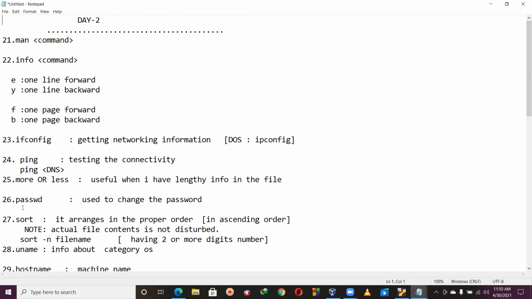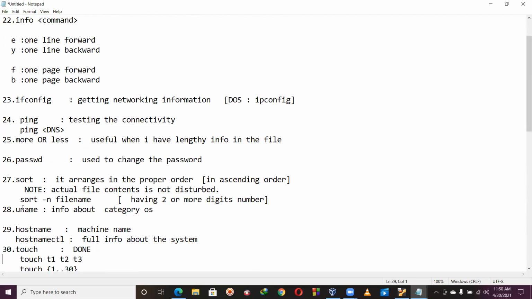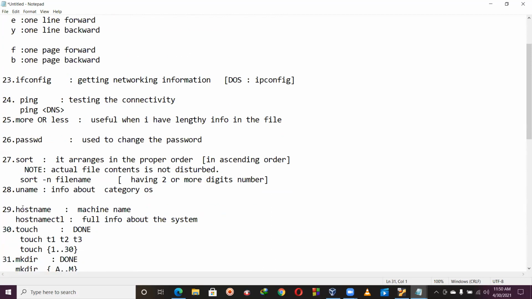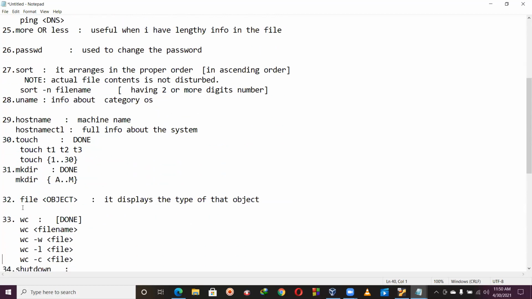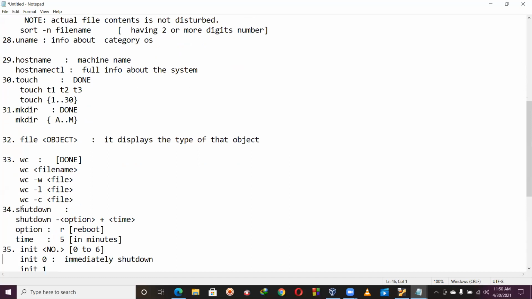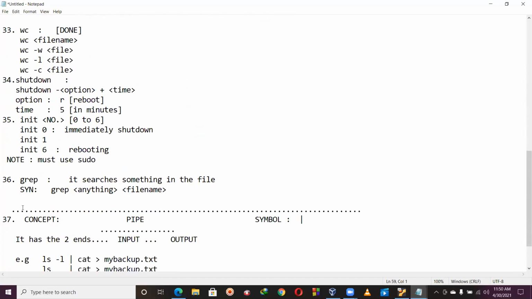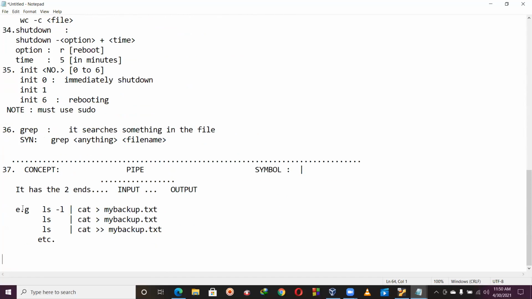Password, sort, uname, hostname, CTL, touch, mkdir in a different way, file, wc in a different way, shutdown in a different way, init in a different way. Okay, grep and pipe are the new things for you. So I hope it is enough for you for practicing today's commands.